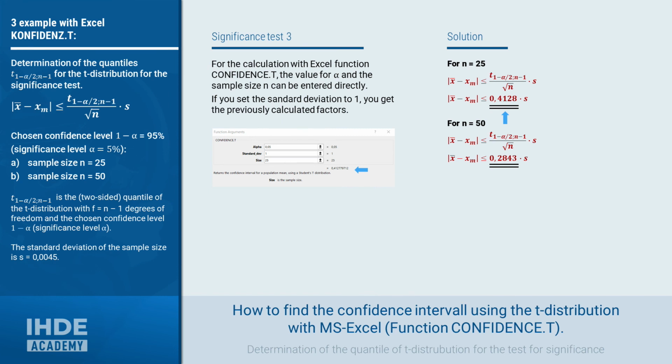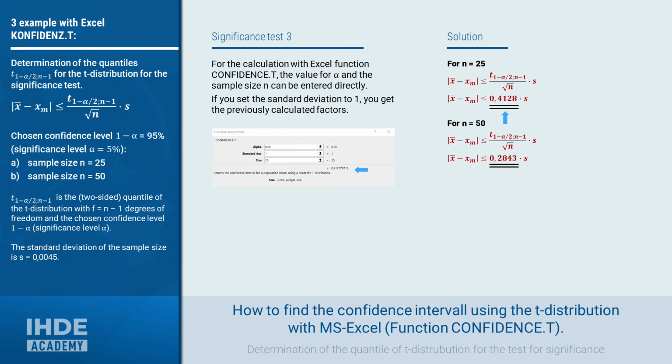Now we come to the third and last possibility for this lesson to determine the factor for the standard deviation required for the significance test. For this, we use the MS Excel function confidence.t. The result of this function is not a quantile, but directly the confidence level for a standardized standard deviation of 1.